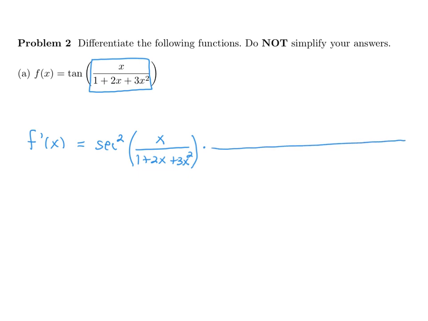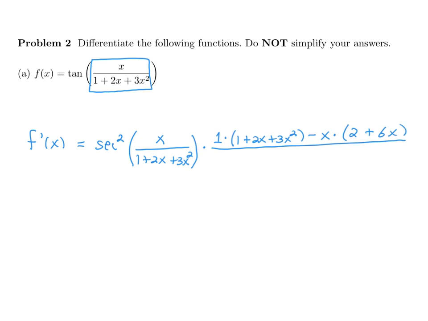The quotient rule is the derivative of the top, the derivative of x is 1, and then we multiply by the bottom. And I'll just copy down 1 plus 2x plus 3x squared. We then subtract off the top and multiply by the derivative of the bottom. The derivative of 1 plus 2x plus 3x squared is 1 goes to 0. I won't write it. The derivative of 2x is 2, and the derivative of 3x squared is 6x.